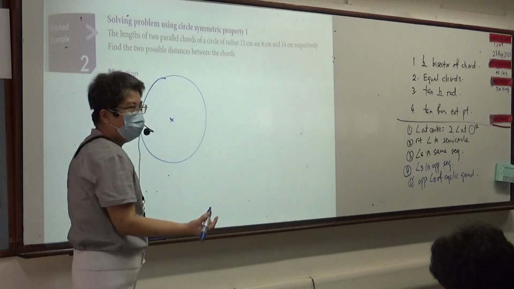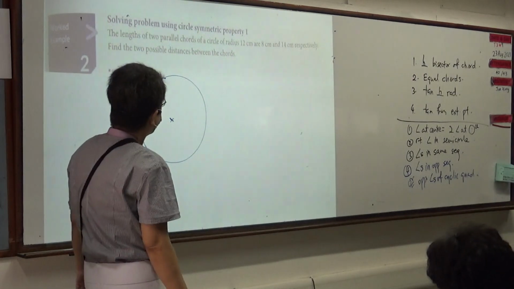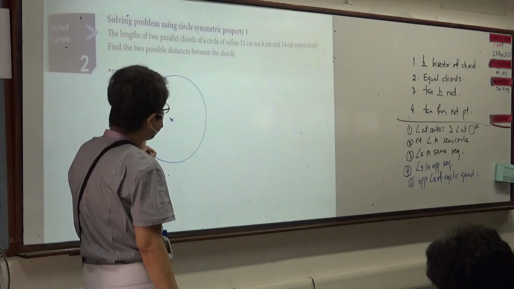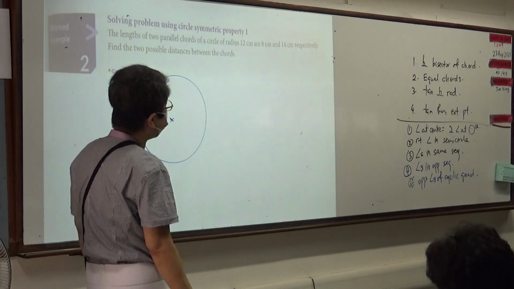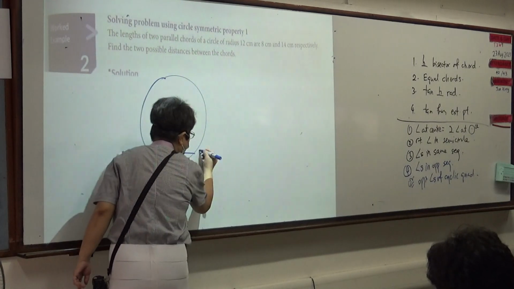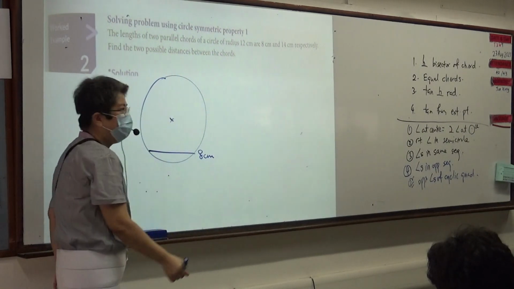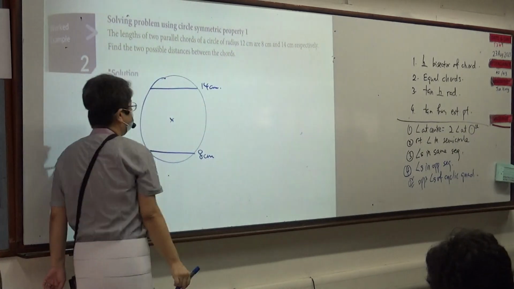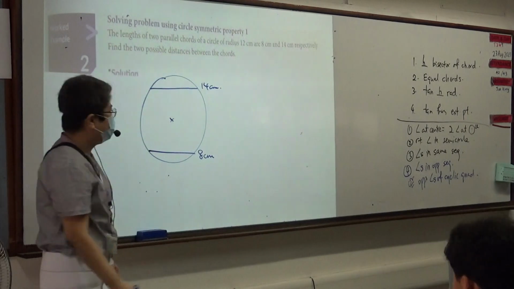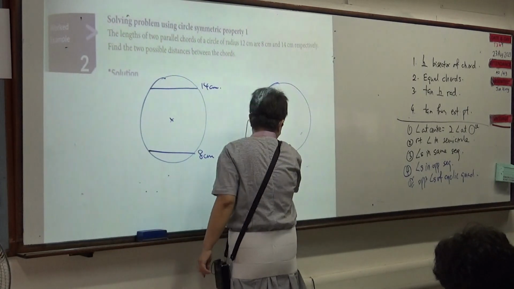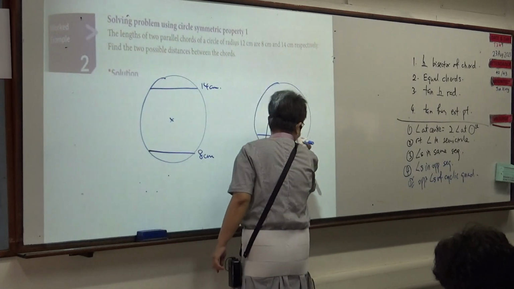Now, I need to teach you how to read the question. The lengths of 2 parallel chords of a circle of radius 12 cm are 8 cm and 14 cm. Now, do you agree I can have 8 cm here and 14 cm over the other side? Class, look, I can also have 8 cm here, 14 cm here.